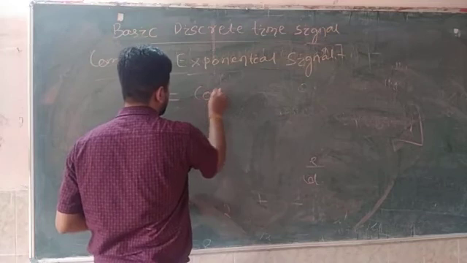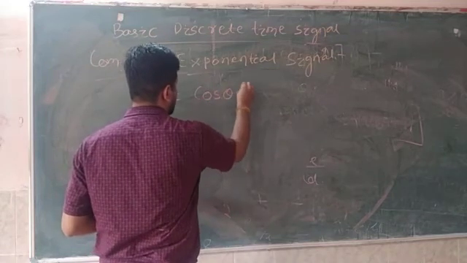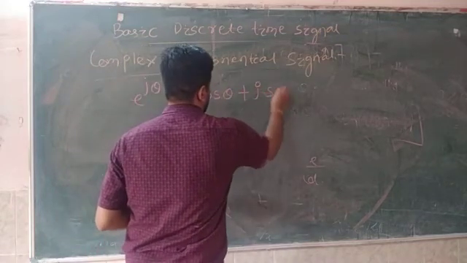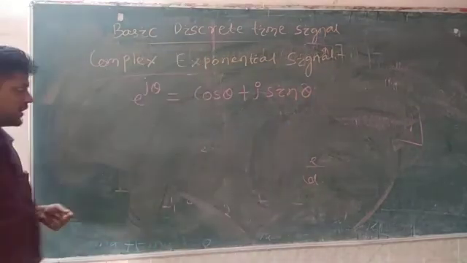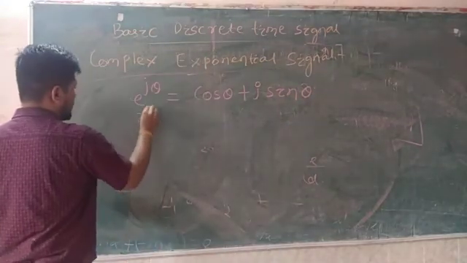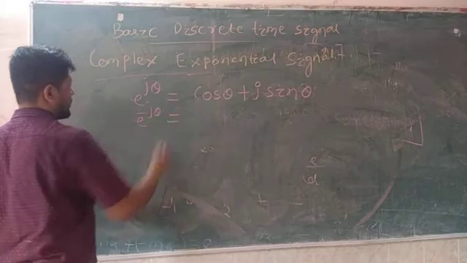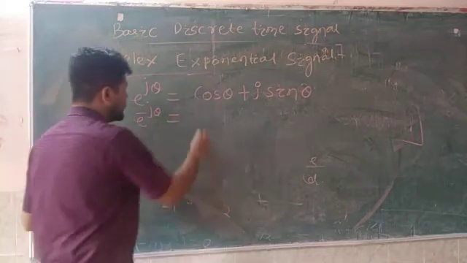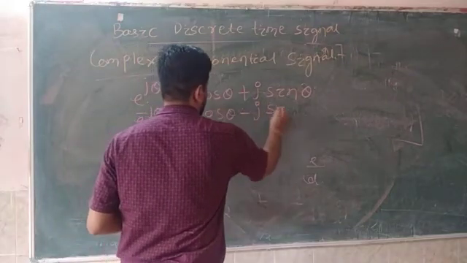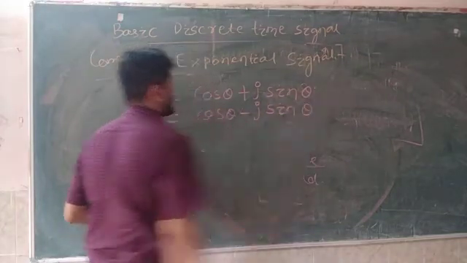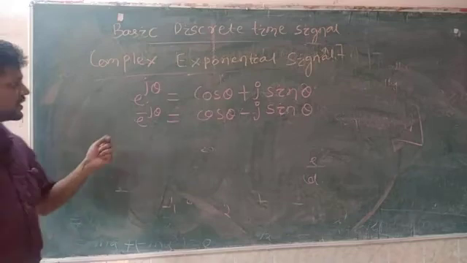If I expand this, it becomes cos theta plus j sin theta. If I write e to the power minus j theta, then what will be its value? Cos theta minus j sin theta.